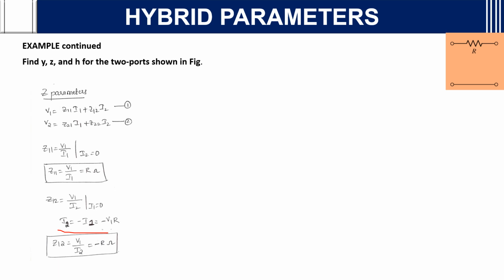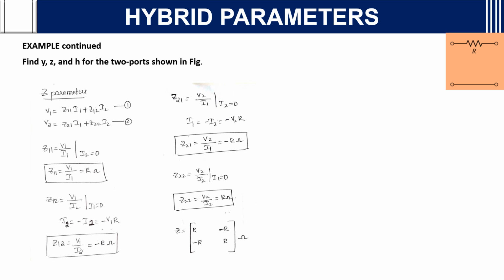I1 is equal to V1 by R. If you substitute that in place of I2, you will get minus R ohms as Z12.